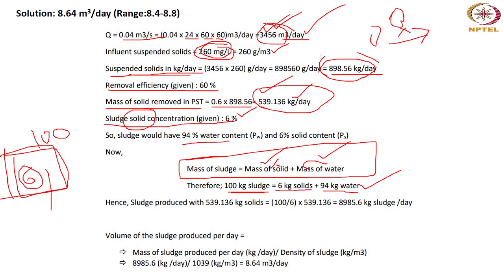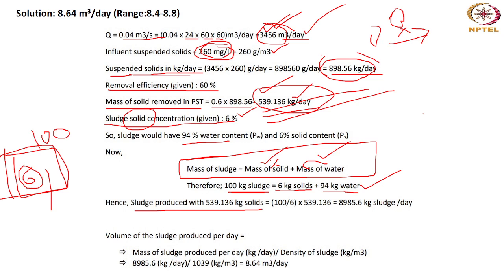So it's just a unitary method. For 1 kg of solids, how much sludge is getting produced? And for 539.136 kg per day of solids, how much kg per day of sludge is getting produced, right? So the sludge produced, I'm writing directly, comes from the unitary method only.